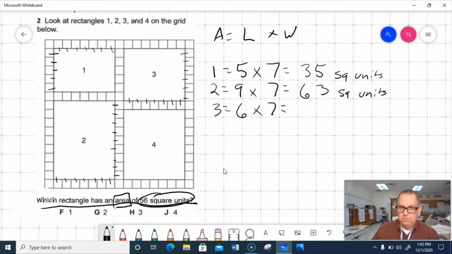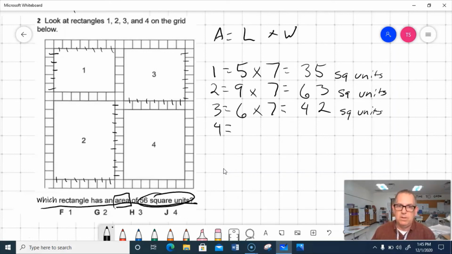That's correct. We've done this enough. We should remember that 6 times 7 is 42, because we said 5 times 7 is 35 plus 7 is 42. That's 42 square units.